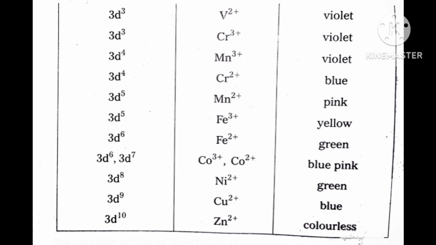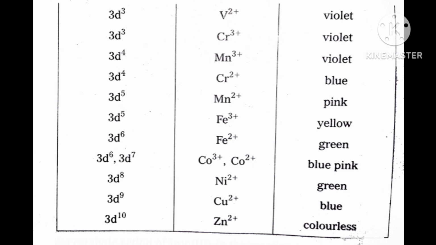Maybe H2O. H2O is a ligand. Okay, NH3 is a ligand. Chloride ion, bromide ion, iodide ion, fluoride ion are examples of ligands. In aqueous solution, where water molecules are the ligands, the colors of the ions observed are different.